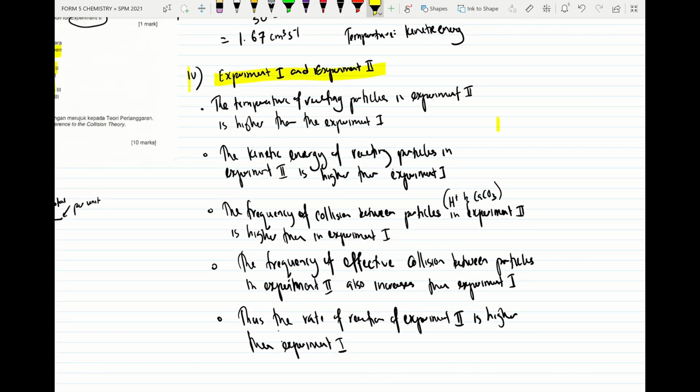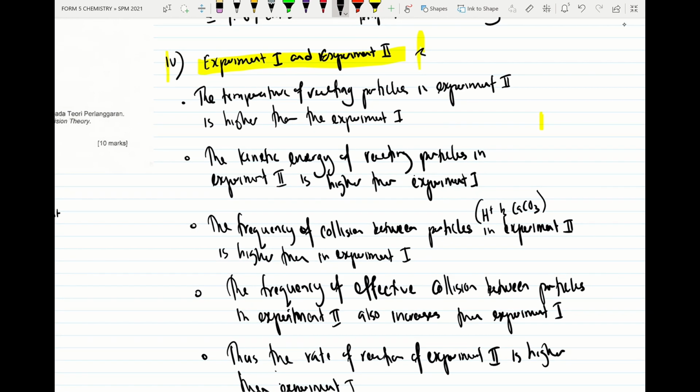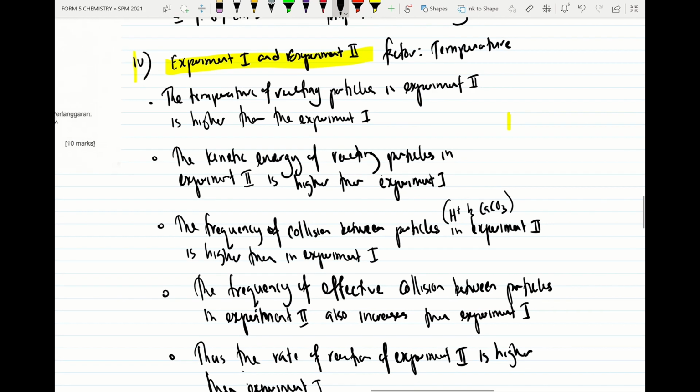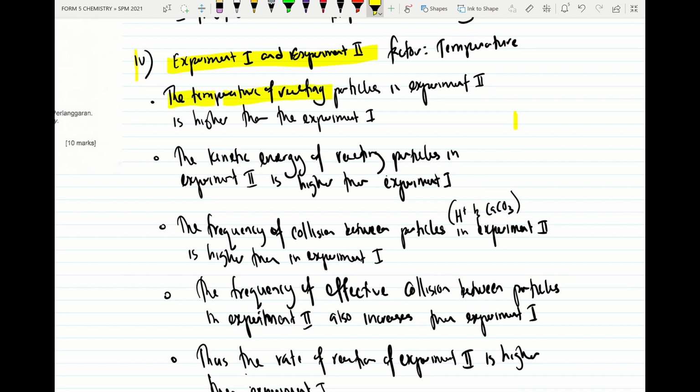So experiment 1 and 2, please remember the factor that is involved is known as temperature. That means the kinetic energy will increase. The temperature of reacting particles in experiment 2 is higher than in experiment 1. The kinetic energy of reacting particles in experiment 2 is higher than in experiment 1.